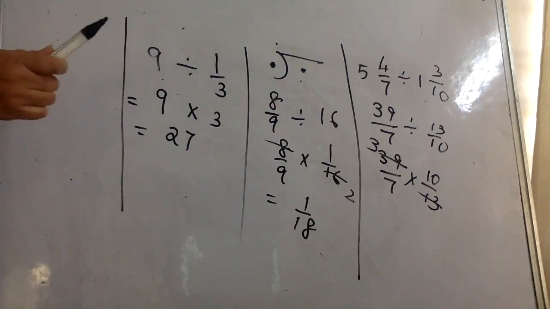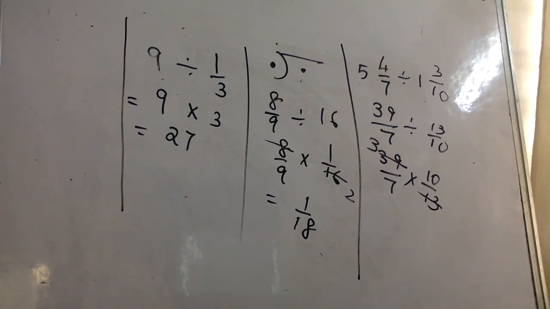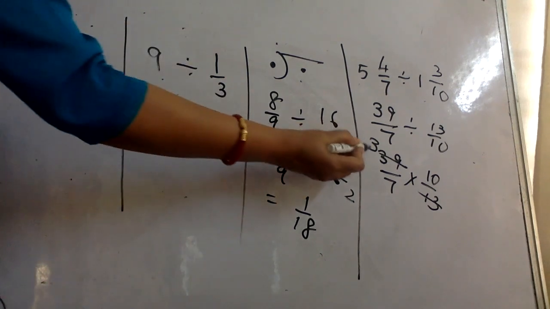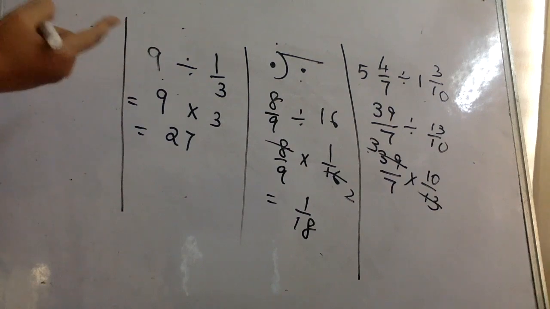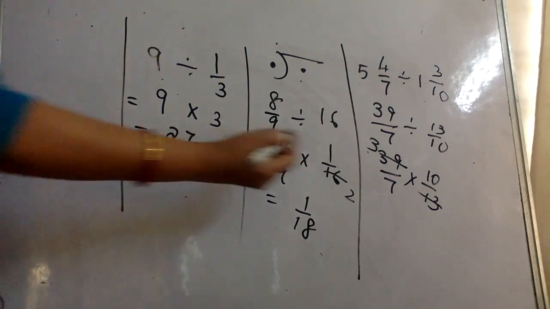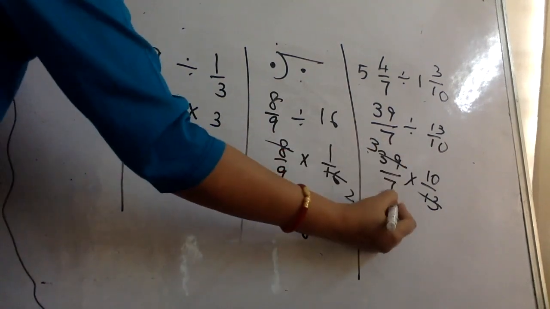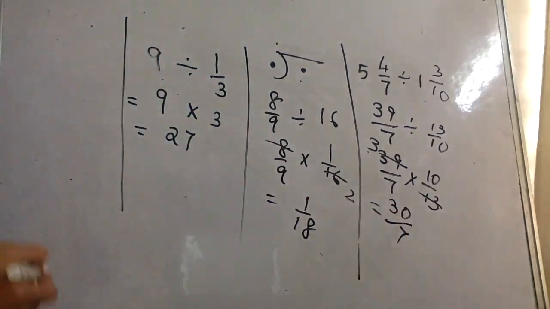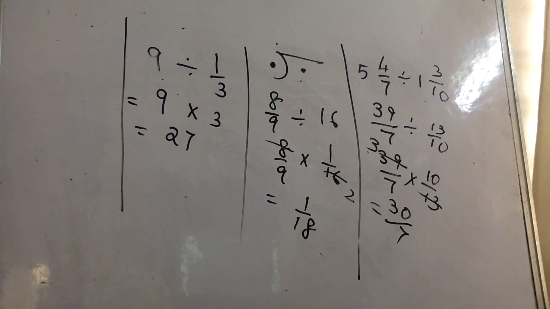Remember, cancellation is possible only between a numerator and a denominator. We cannot do cancellation between a numerator and a numerator. But if we have to multiply, yes, we can multiply numerator and numerator. So 3 into 10 is 30 by 7. And we can give the answer as a mixed fraction.